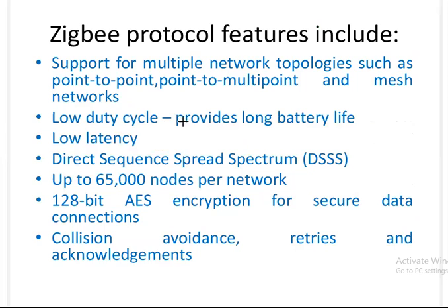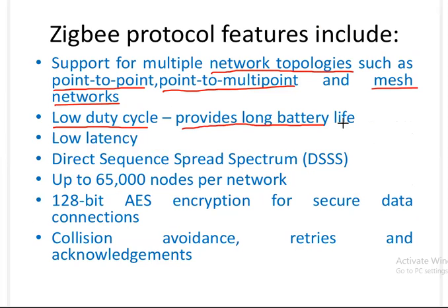Next, what are the features of the Zigbee protocol? It supports multiple network topologies, like point-to-point, point-to-multipoint, mesh networks, ring networks, and so on. It has a low duty cycle, so the battery will last for a long time.